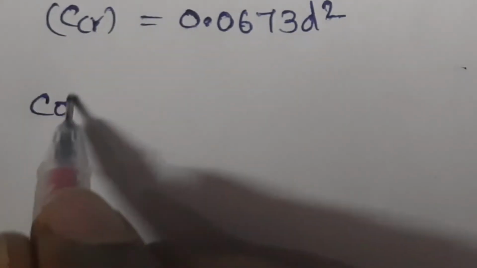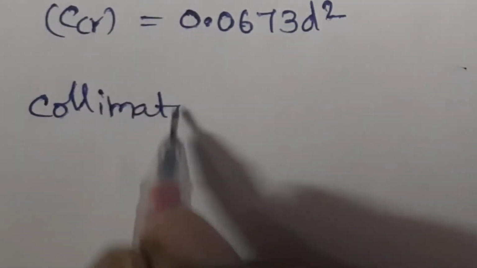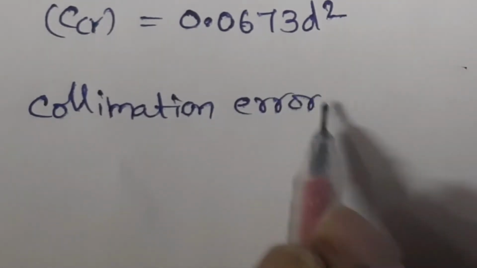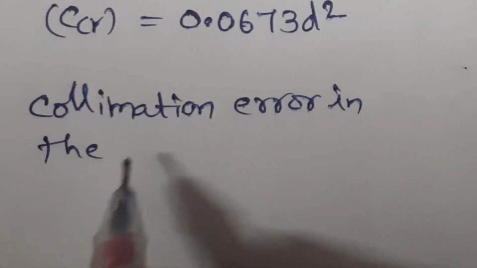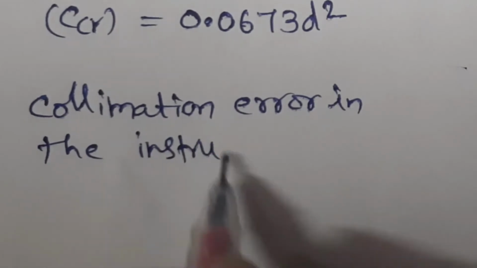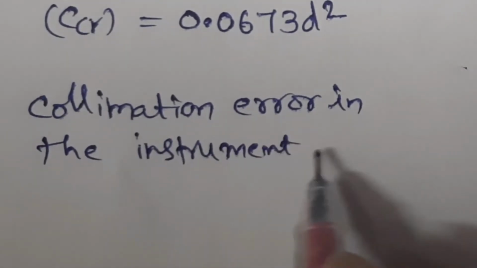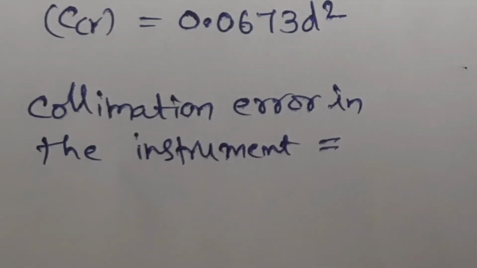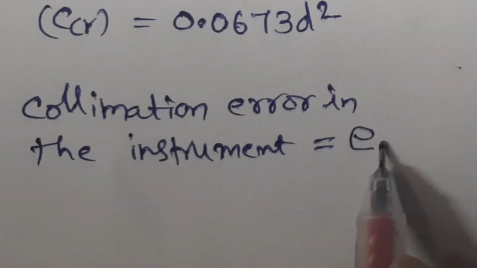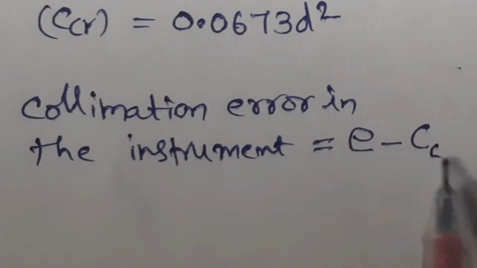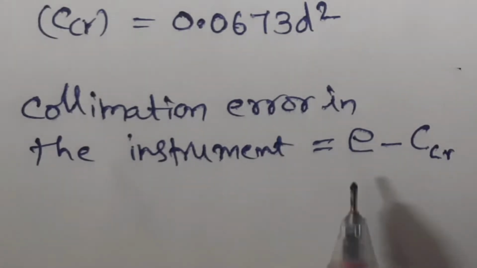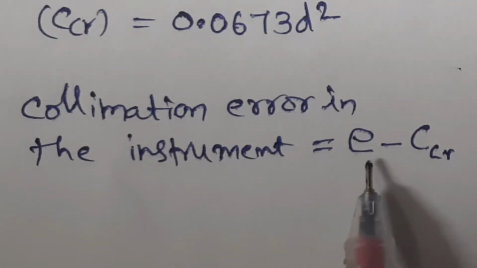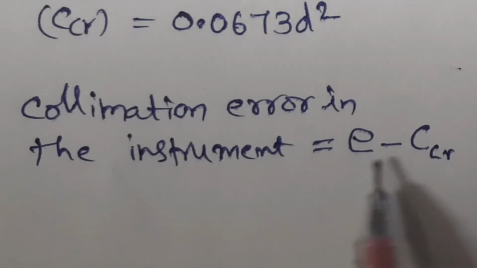We can determine the collimation error in the instrument, which is equal to E minus the combined correction due to curvature and refraction. We know E is A2 minus B2 minus A1 minus B1 by 2.